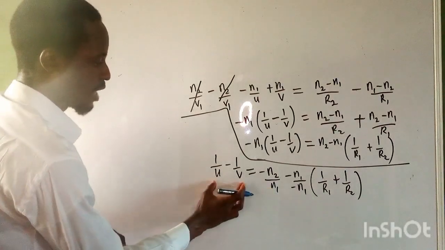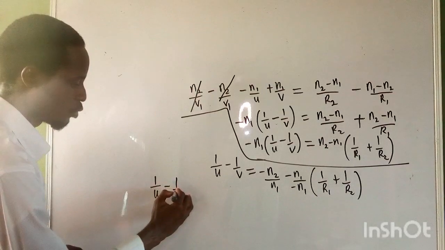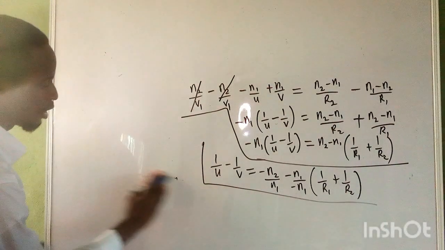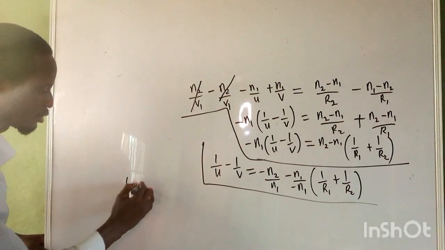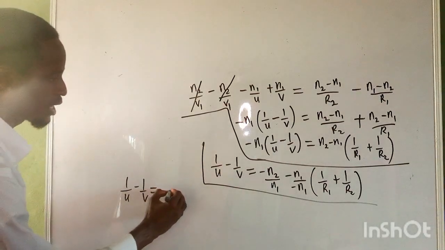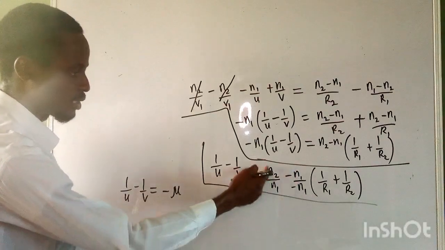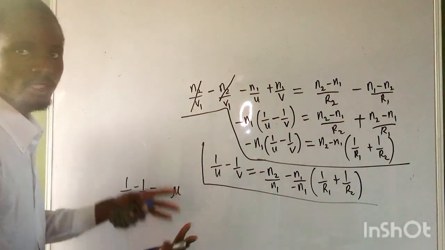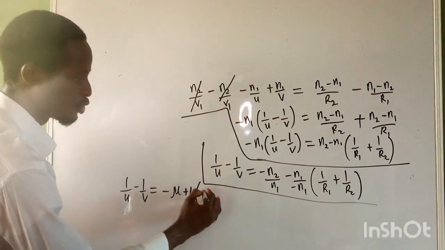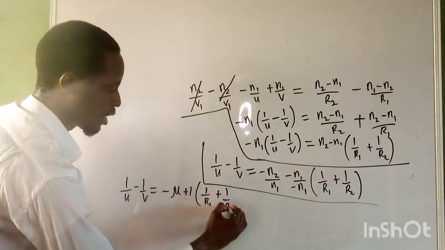In a nutshell, I'll be having 1 over u minus 1 over v. Okay, so this is one frame. 1 over u minus 1 over v all equals to, this will give us negative refractive index, that is the refractive index of the two glasses together. Then this will give us plus 1 into 1 over r1 plus 1 over r2.